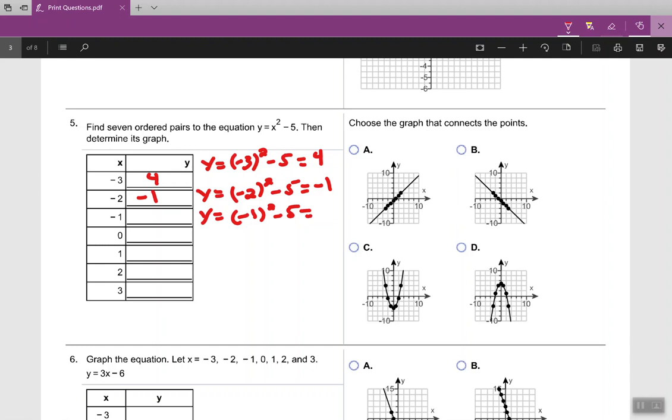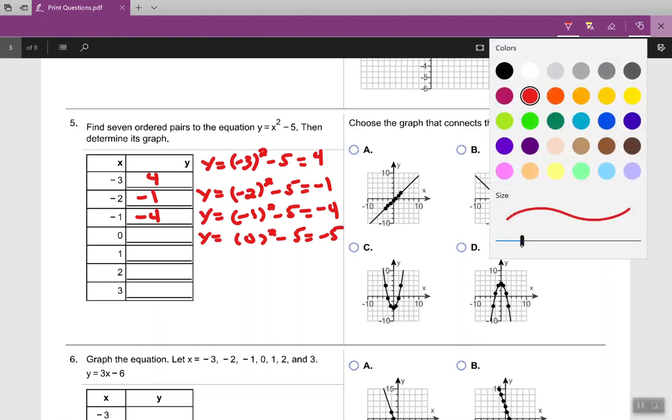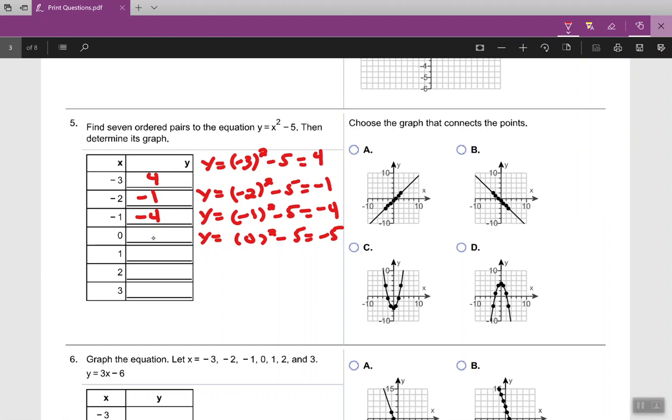So -1 squared is 1, 1 minus 5, -4. And since we have x squared up here, we know that this is a parabola, so we should have a vertex, and the graph should make a U shape. So here we have 1 minus 5, -4, and you'll begin to see some symmetry here.